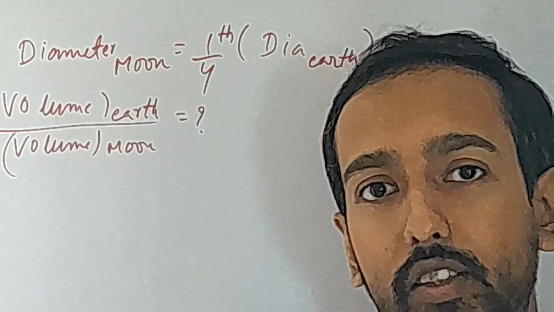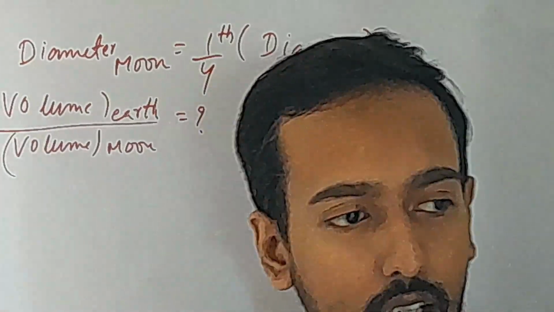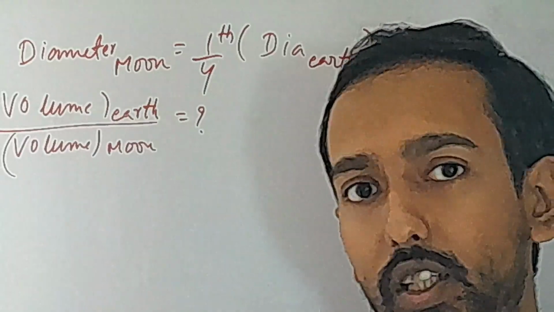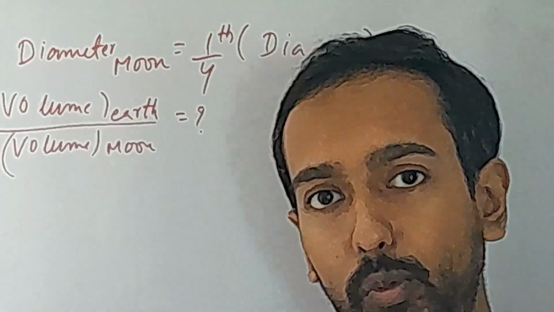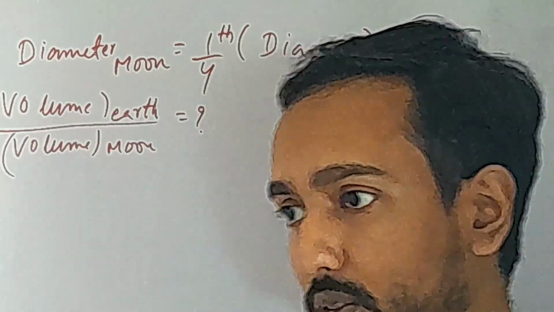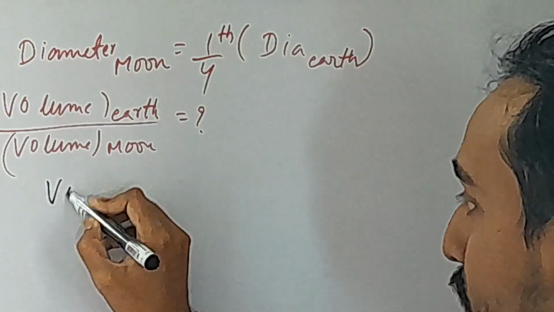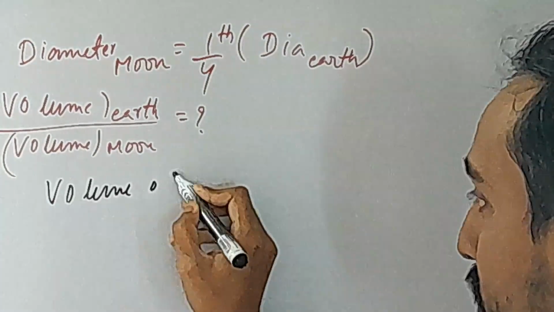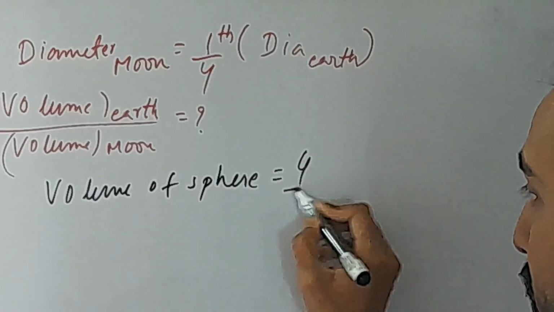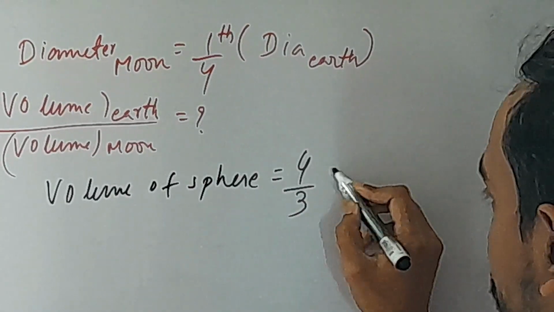You know that celestial bodies, be it Sun or Earth or Moon, all have the shape of a sphere. So we use the formula for the volume of a sphere. The volume of the sphere is given by 4 by 3 pi r cube.